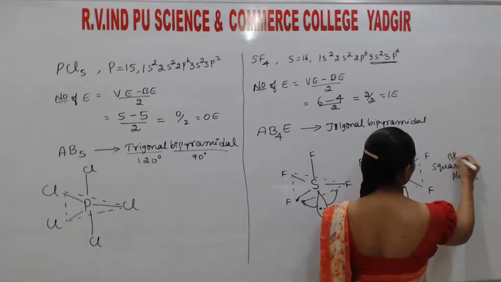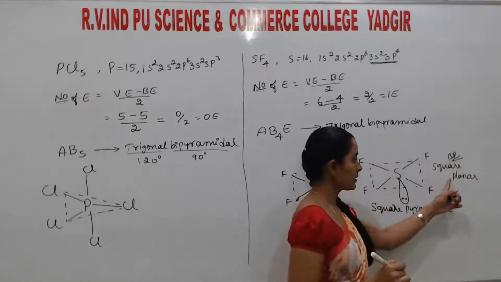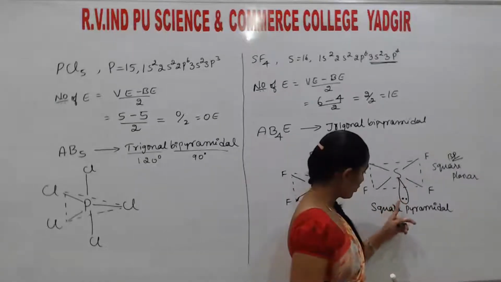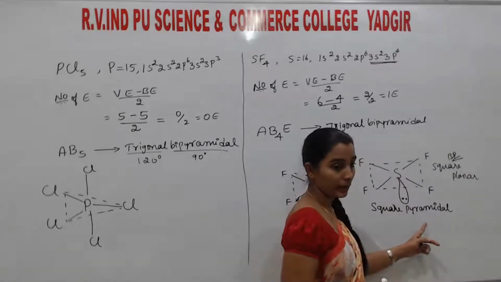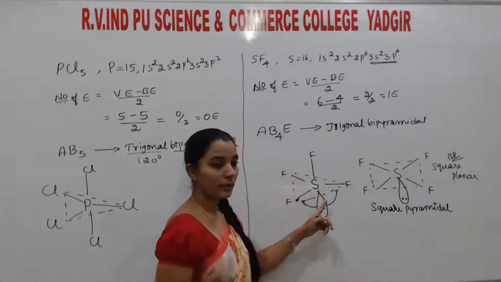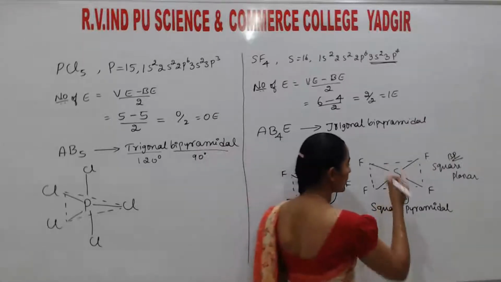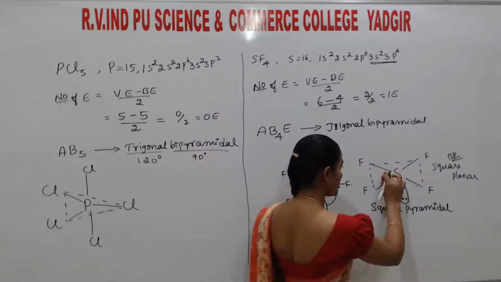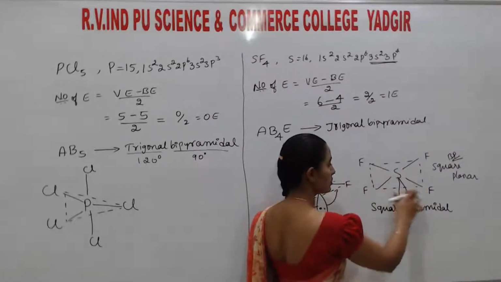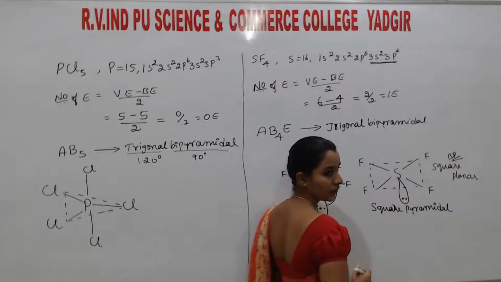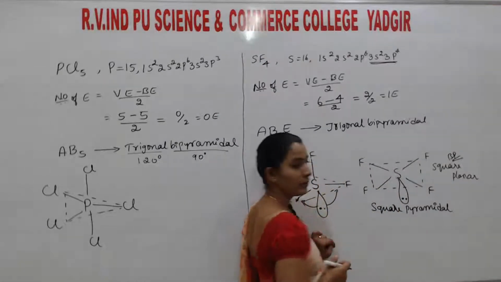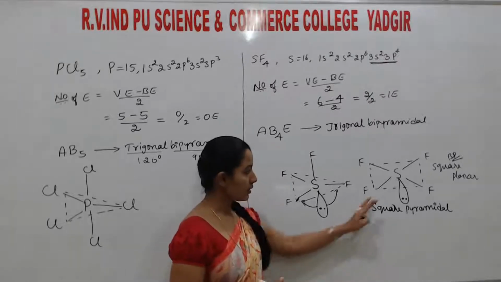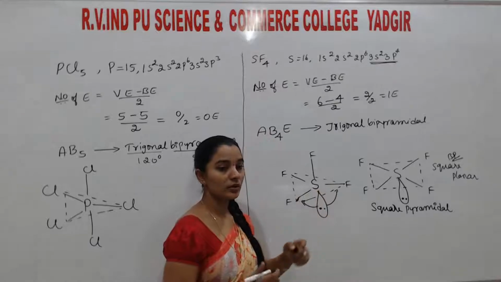If we consider it along with this lone pair, then it is square pyramidal, not trigonal bipyramidal. So students, here of course the bond angle decreases. The triangular shape changes to square, and the bond angle is in between 90 and 120. Understand? This is how the structures are explained.